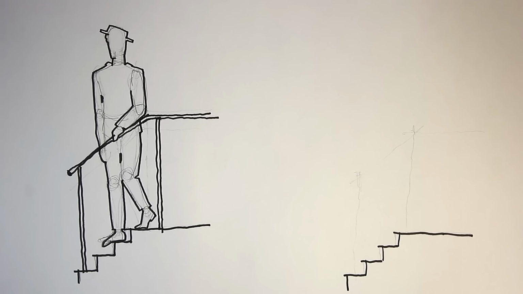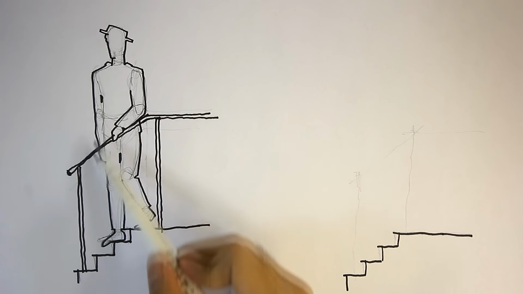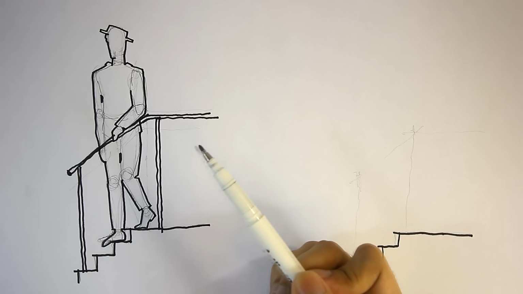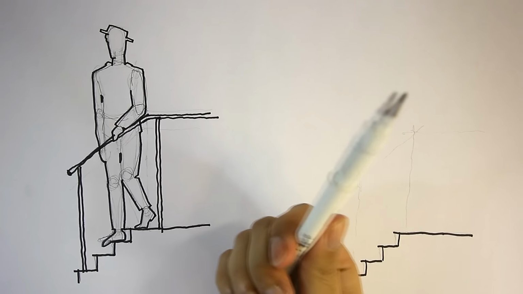So this is the male human figure going down a flight of stairs, and as you can see, I've only outlined pretty much only the outside bits. I only have these little bits on the inside just to add slight depth in the human figure.